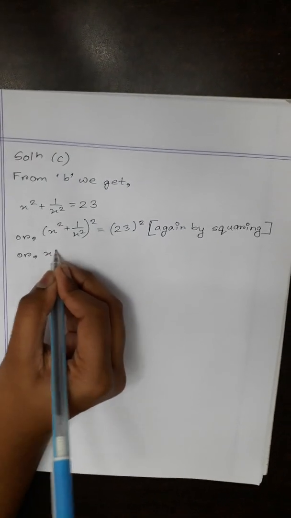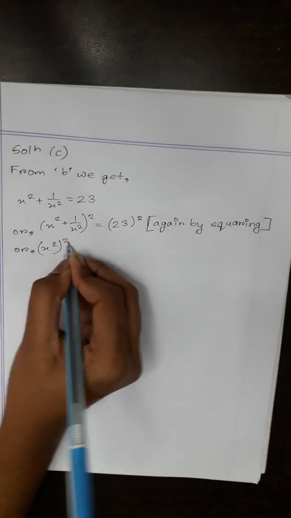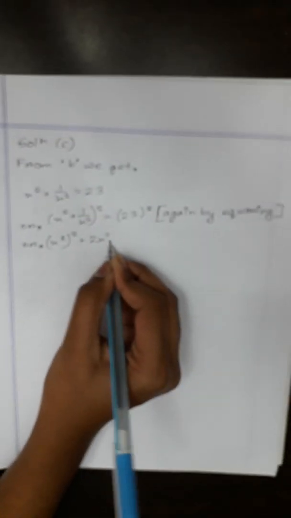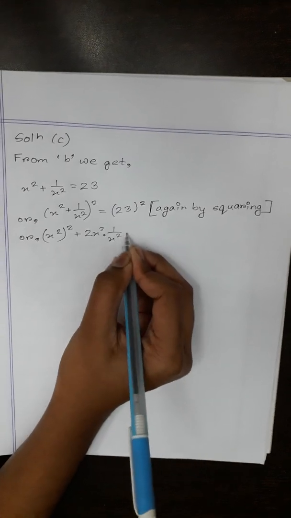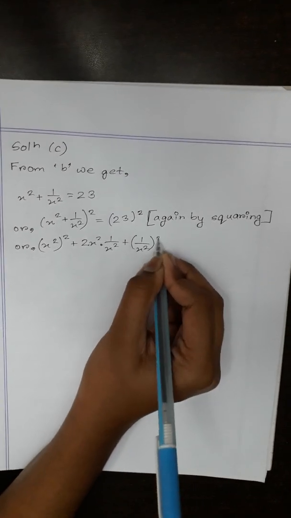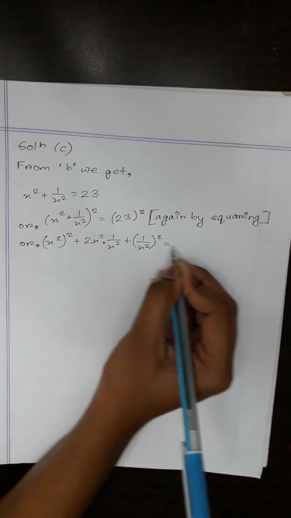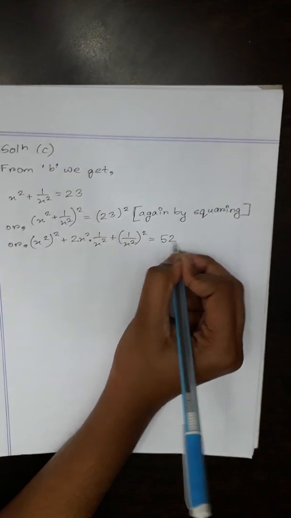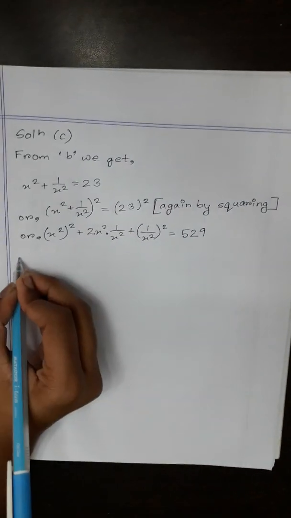Now x squared plus 2, as the formula is, plus 1/x squared whole square is equal to the whole square of 23, 529.